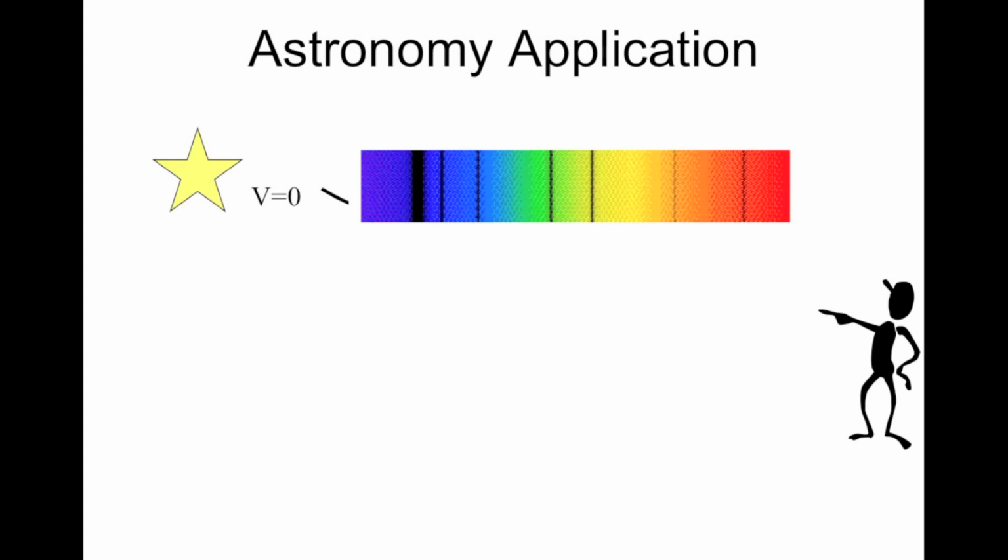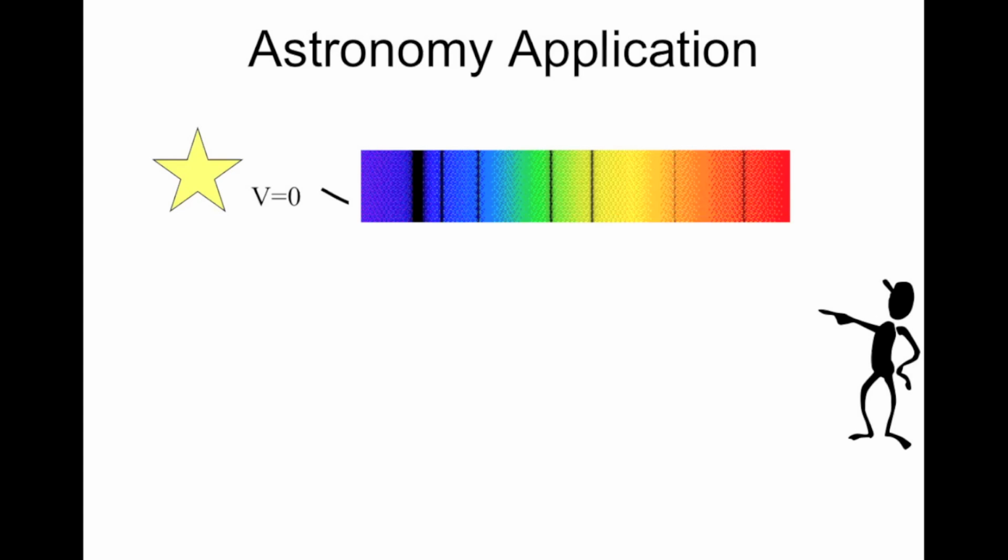So how do we do this in astronomy? Well, we look at the star's photographic spectrum, and that will allow us to discern any Doppler shift that's involved. So let's take a star that's not moving with respect to the observer, that is, those of us here on Earth, and here is the star's photographic spectrum.